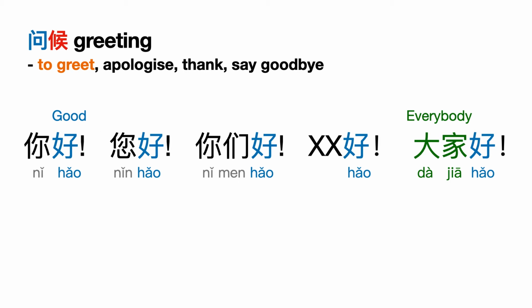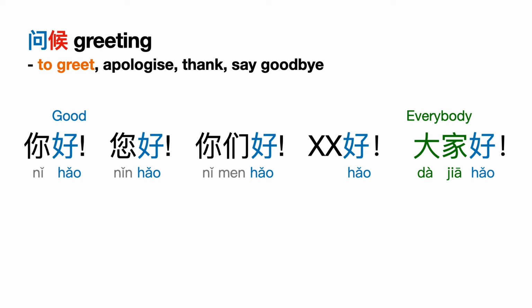And what about if you want to say hello to somebody that you know but you don't want to use 你们, instead you want to say the name, or something like hi teacher Mary, Mr. Mark? Then you can say Mr. Mark, hao. You just put somebody's name or how you want to address the person, and you say hao, and that should be it.